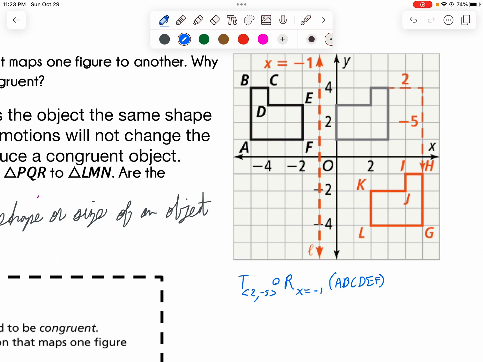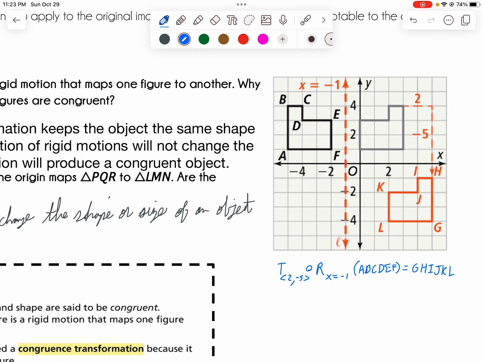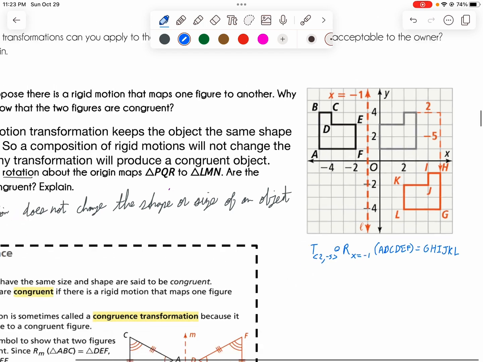Okay, so we reflect and then we translate. And that's going to produce G, H, I, J, K, L. So those two transformations on that input produce that output.